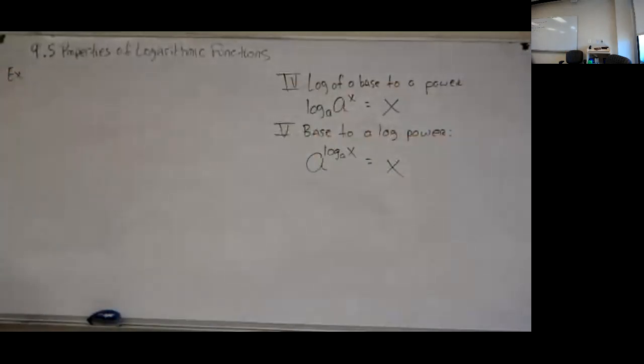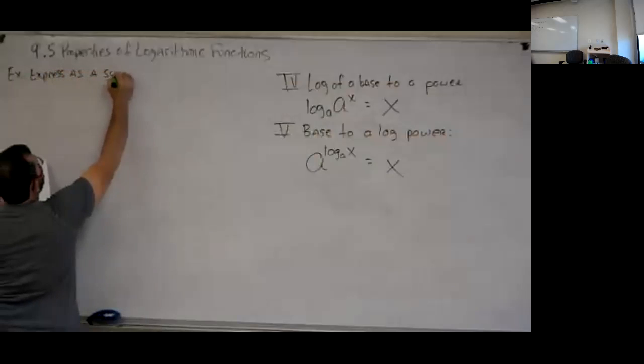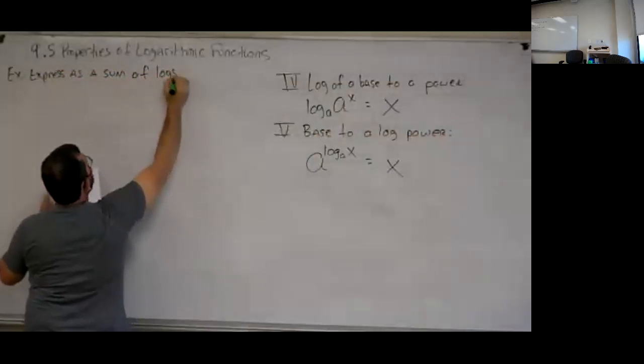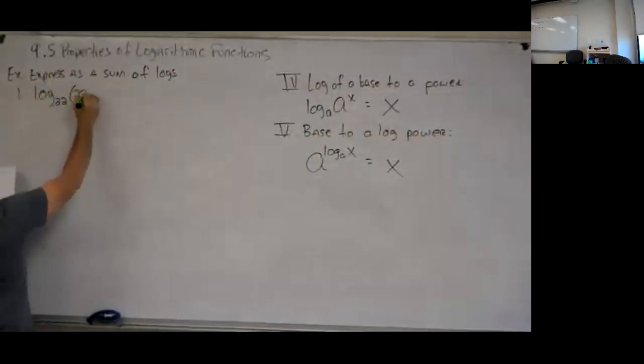Okay. So the first one is we're going to express as a sum of logs log base 22 of 22 times 484.